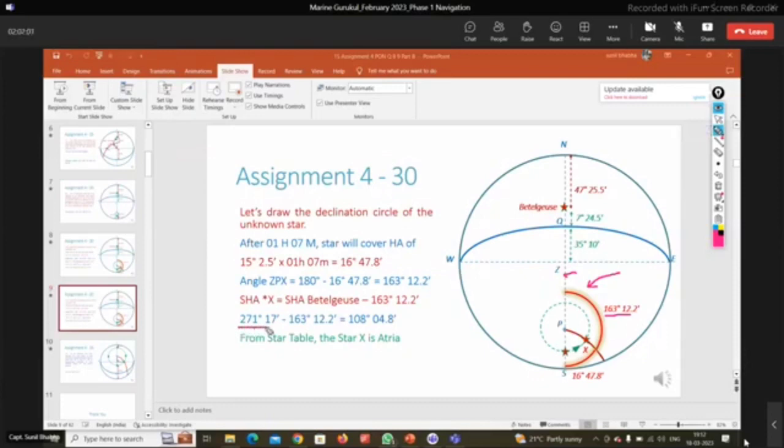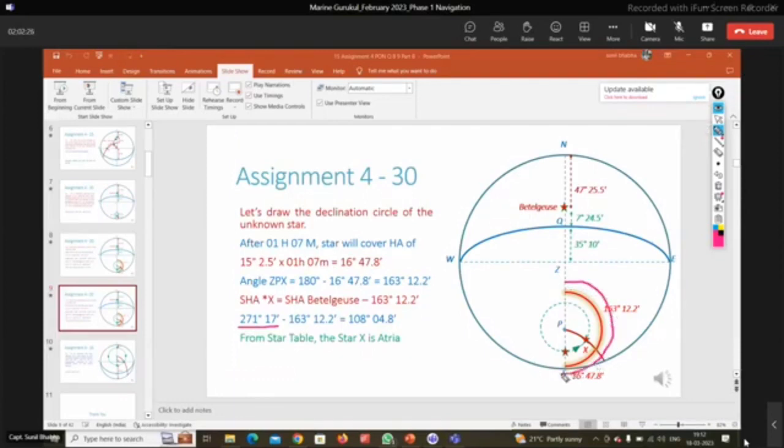SHA of Betelgeuse is 271. Okay, so let us try to fit it there. Let me remove these. So from Betelgeuse, if I go 271 degrees east, that is where Aries would be. So from here I'm going 271 degrees.